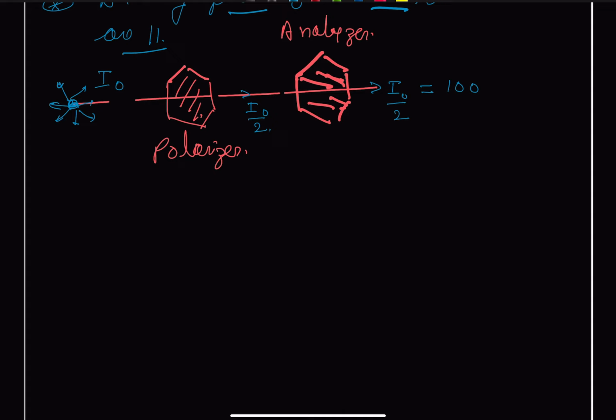And in the second case, we are given that the analyzer is rotated by an angle of 30 degree. So we can just draw the same figure. This is our polarizer, and now the analyzer is rotated, let us suppose somewhere like this.